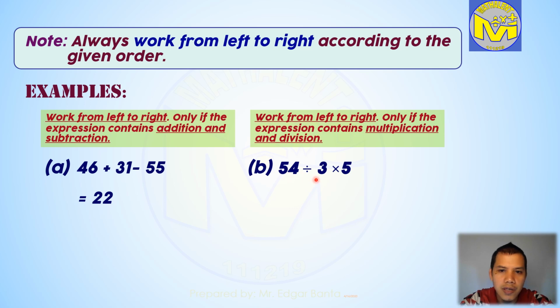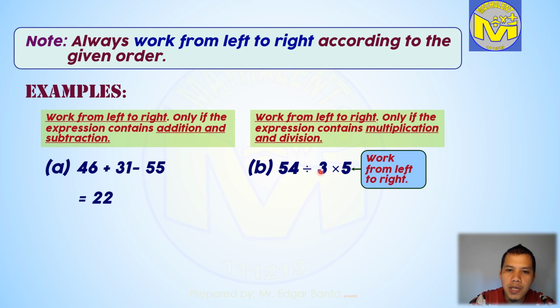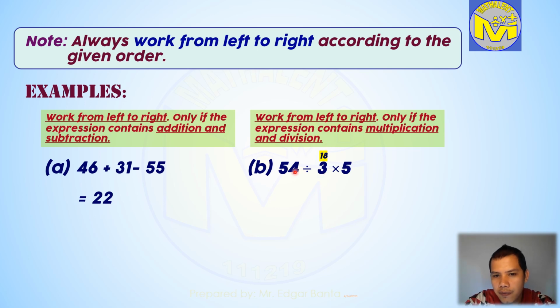So 54 divided by 3 is equal to what? 18. Okay, 54 divided by 3 is 18, and then 18 times 5 is equal to how many? 18 times 5 is equal to 90.